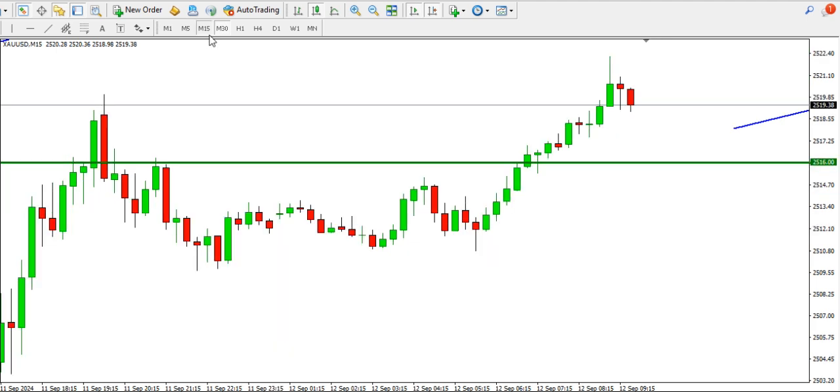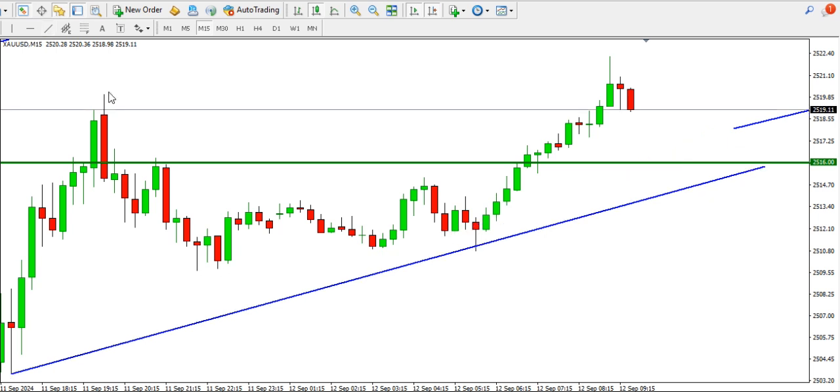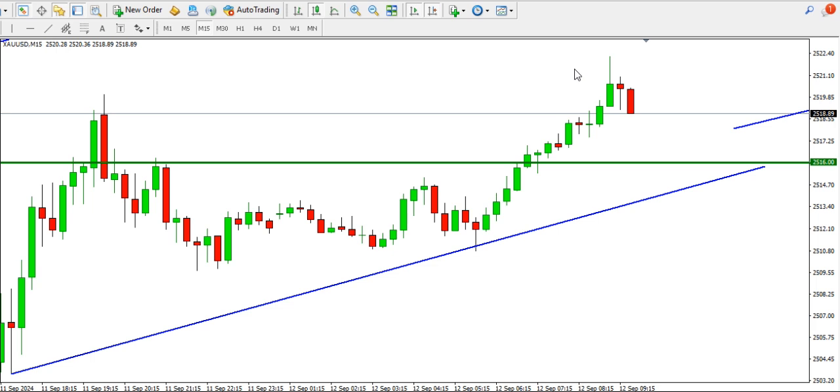On the 15 minutes time frame, price is gradually rising. We have a low, higher low. We have a low here, high, higher low, higher high.